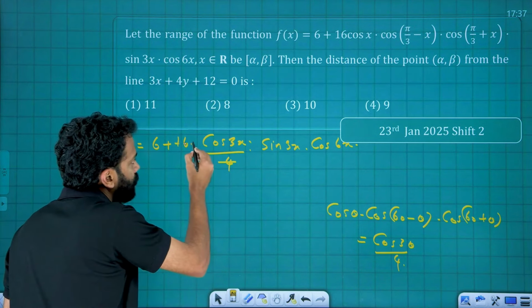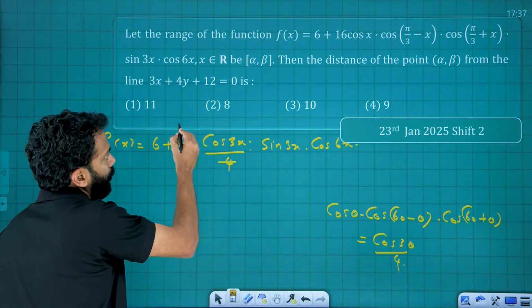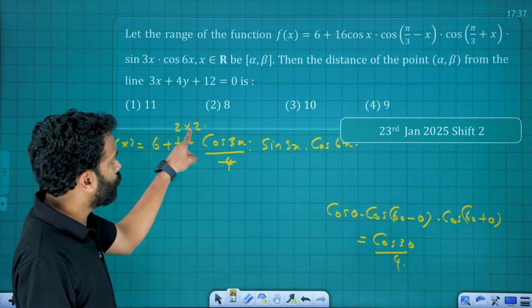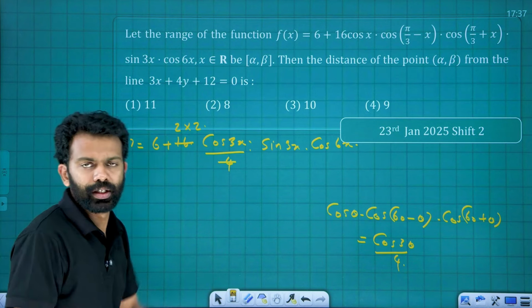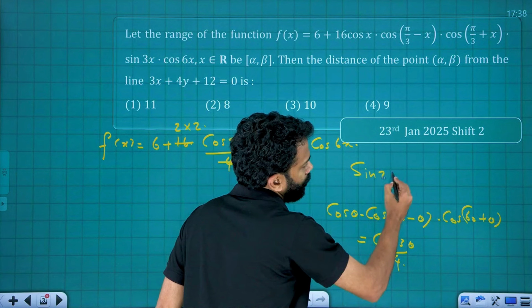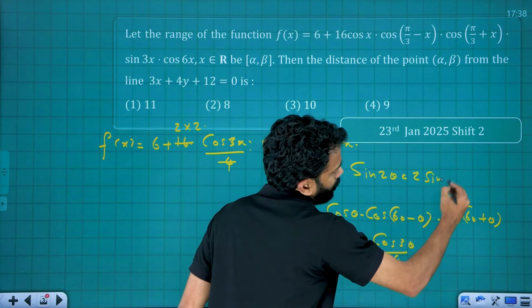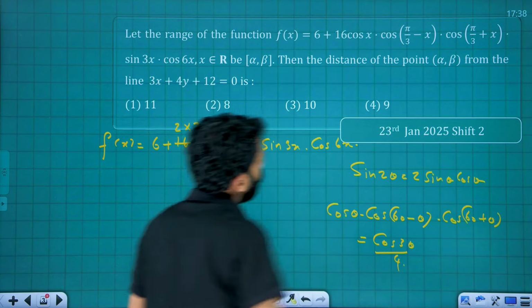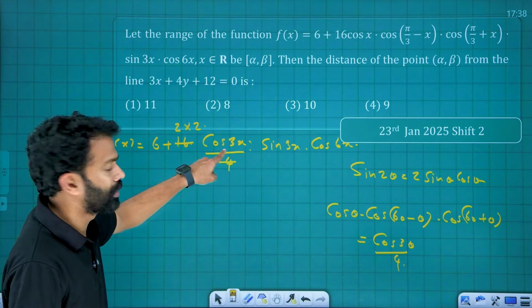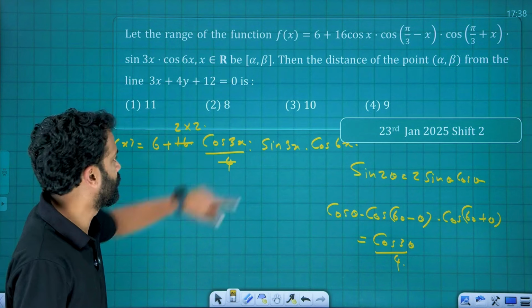This 4 and this 4 got cancelled. This will be 4 here. I am writing it as 2 into 2. So, what will be 2 cos 3x sin 3x? What is the formula for sin 2 theta? Sin 2 theta is equal to 2 sin theta cos theta. So, 2 sin 3x cos 3x, that is sin 6x.